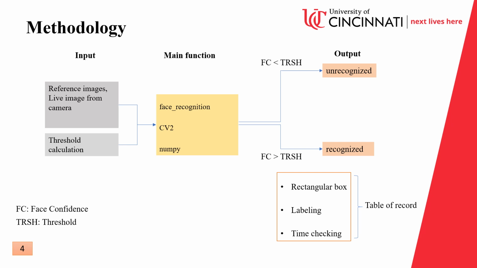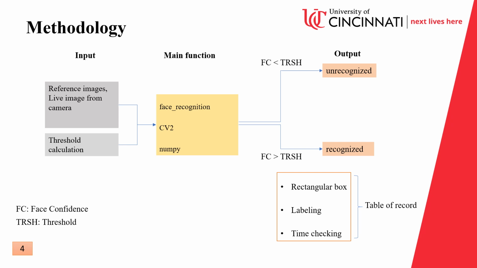As an input, we have our reference images and live images from the webcam in real time, as well as a threshold calculation based on the 1 meter range limitation that we have for our methodology and our program. In the main function part, we have used different libraries such as face recognition, CV2, NumPy, and pandas. Later on we will use pandas.